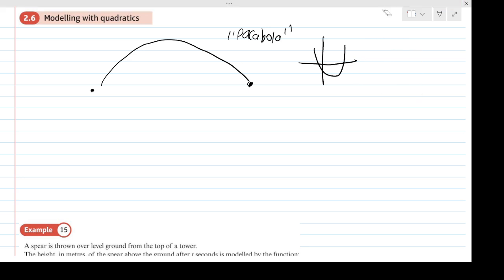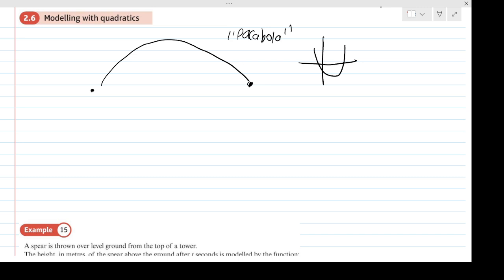And what that means is essentially, can we work out a quadratic equation for this path, this arc, this shape, and then use our knowledge of quadratics, so we can solve an equation or complete the square to perhaps find the maximum or minimum.